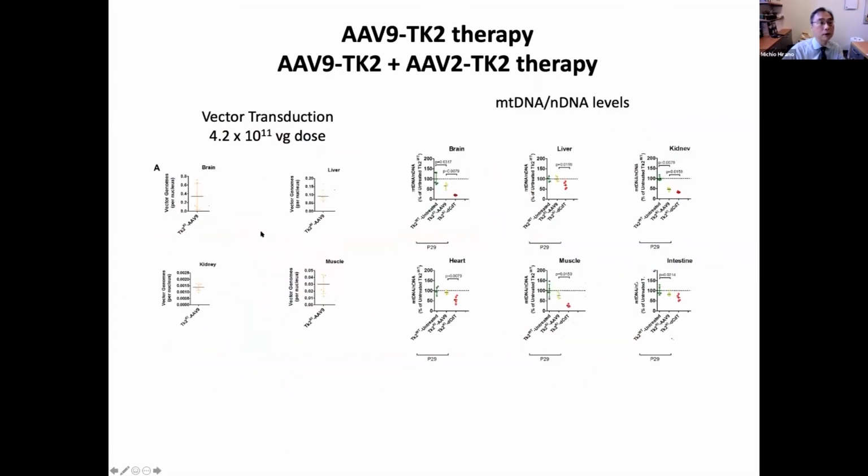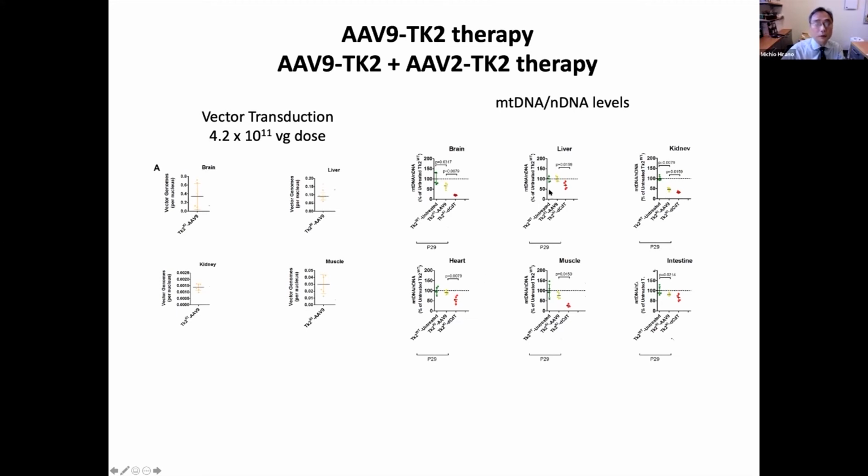We saw a good vector transduction in various tissues, particularly brain, liver, and muscle. But this is a little misleading, because if you look carefully, the units are quite different here. In kidney, we see only 1 viral genome per 1,000 nuclei. So the transduction of AAV9 when given in the neonatal period is poor in kidney. And I noticed in Carlos's slide, even when he gave it later to the older mice, the transduction in kidney was not great.